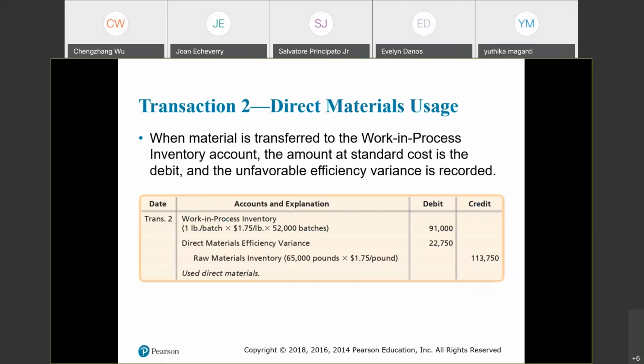This maintains work in process inventory at standard cost. Raw material inventory is credited for the actual quantity of materials put into production. That is 65 pounds at the standard cost of $1.75 per pound.